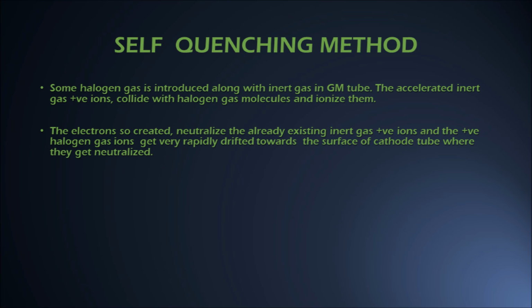The electrons so created neutralize the inert gas positive ions, and the positive ions of halogen gas, being light, get rapidly drifted towards surface of cathode tube, where they also get neutralized. In this way, inert gas positive ions are neutralized. This is called self-quenching of GM tube.